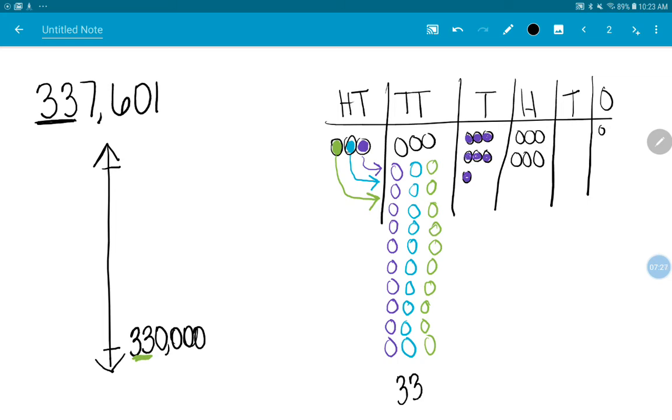I need one more 10,000. 34. That would be 34 10,000s. So I'm putting a 0 for my thousands, a 0 for my hundreds, 0 for my tens, and a 0 for my ones.